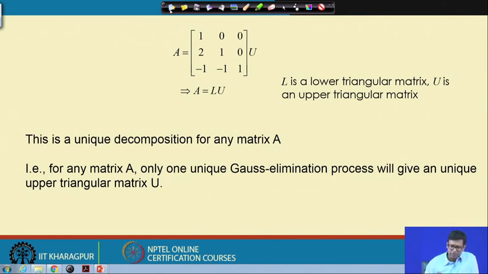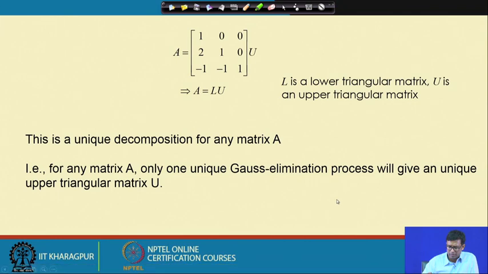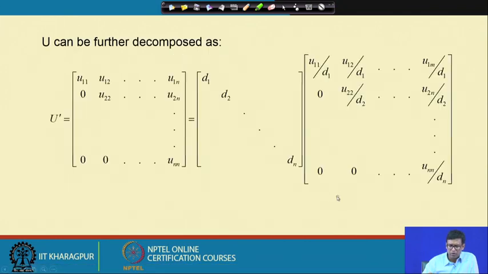Now, this LU decomposition can be taken one step further, which is that U can be further decomposed as a diagonal matrix and another upper triangular matrix. So, we take D1 out of the first row and divide all the terms of the first row by D1.